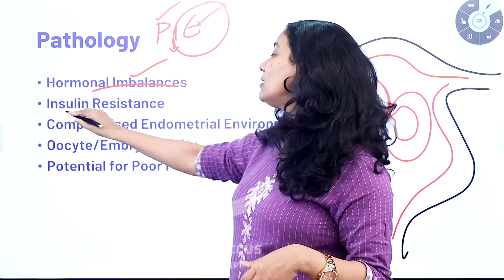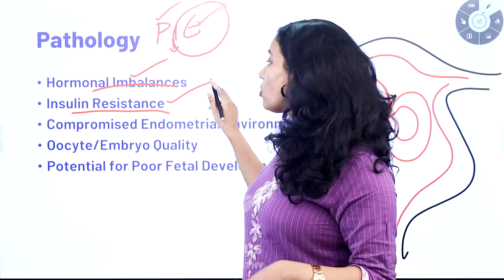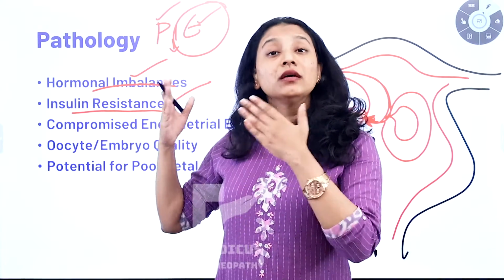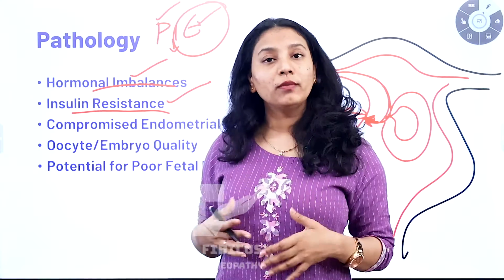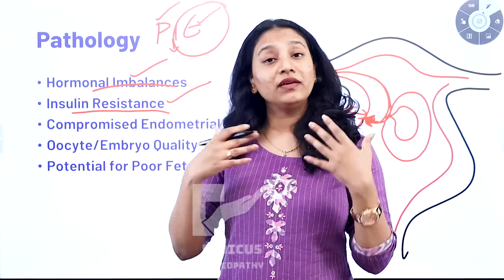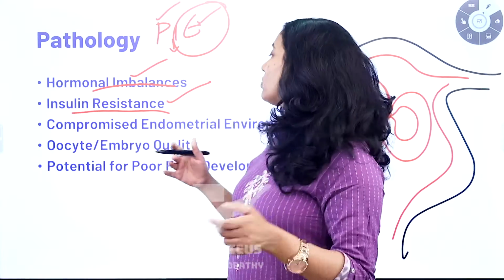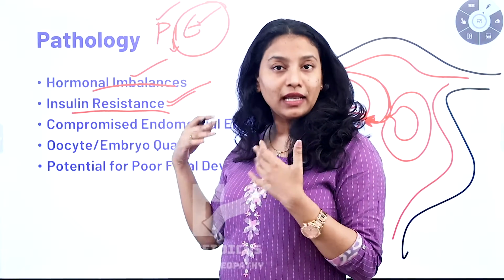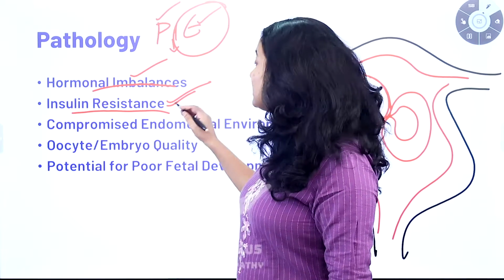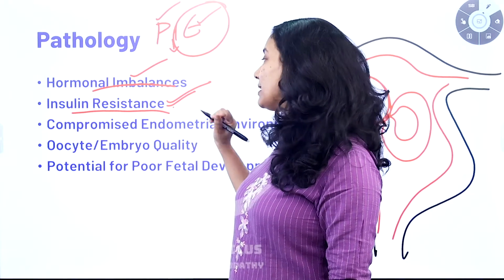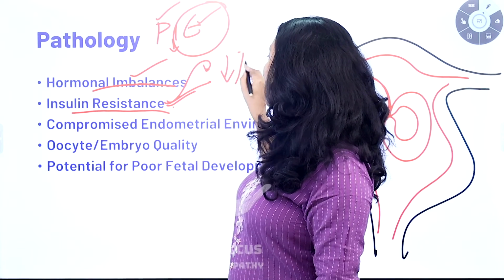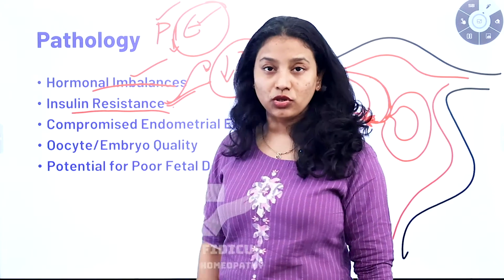And then we have insulin resistance, which is also a cofactor in PCOS, because PCOS means polycystic ovarian syndrome, and a syndrome has effects on other organs in the body. Whenever you have insulin resistance, which is hyperinsulinemia, it can trigger a drop in progesterone.